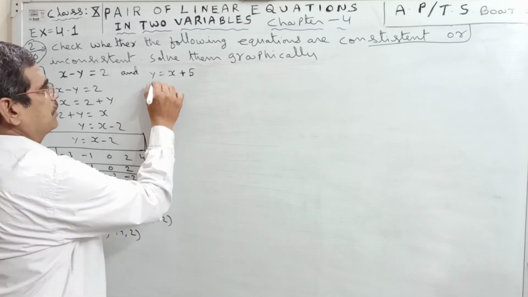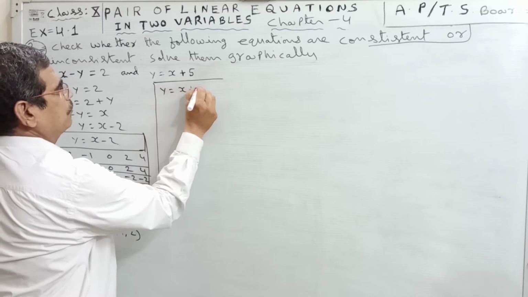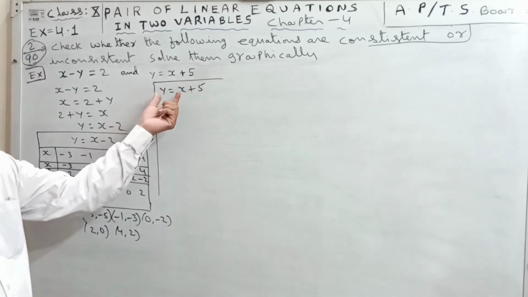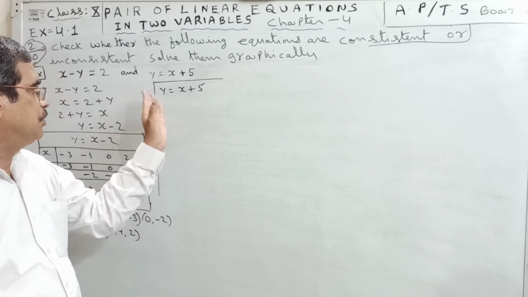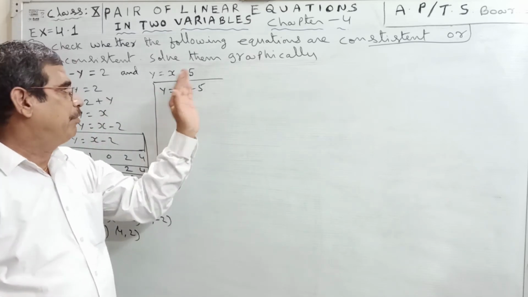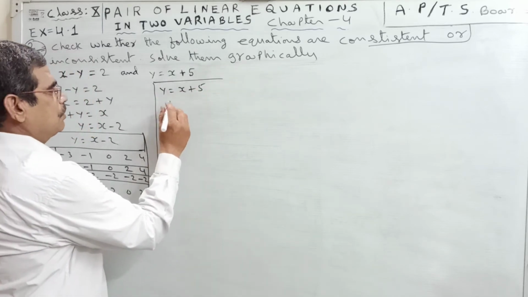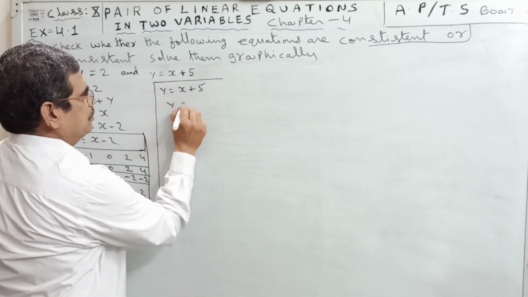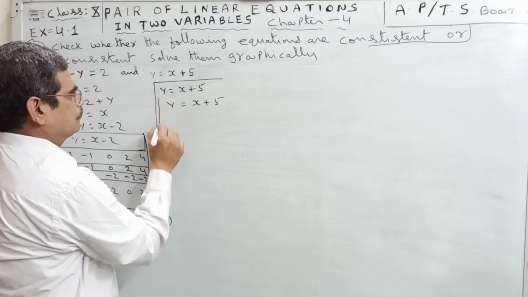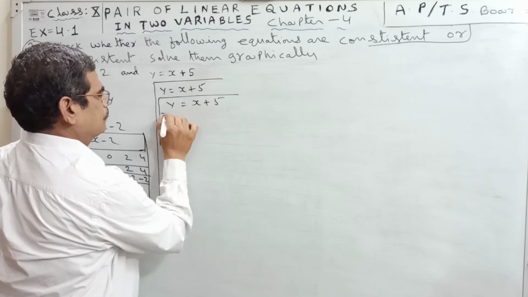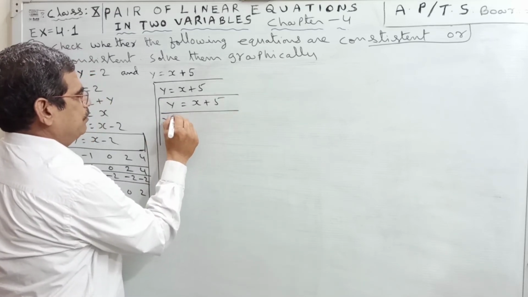For the second equation, y is equal to x plus 5. Already it is in this form, because to write the table, the equation model shape is y on the left side, remaining on the right side. Here same like this. So I am simply writing this equation, y is equal to x plus 5. What are the x values?